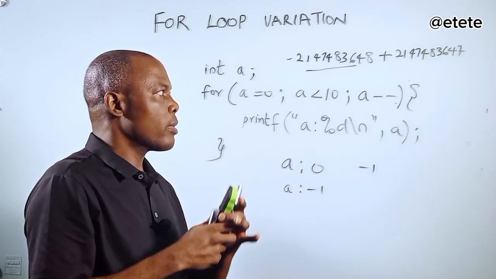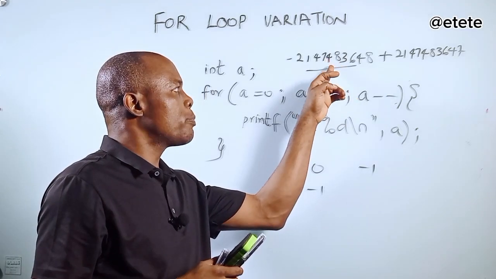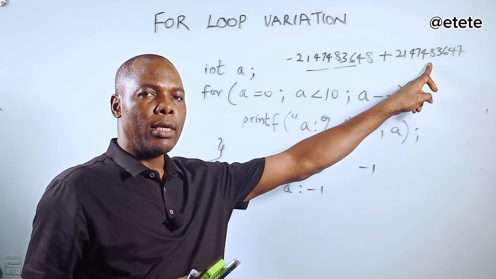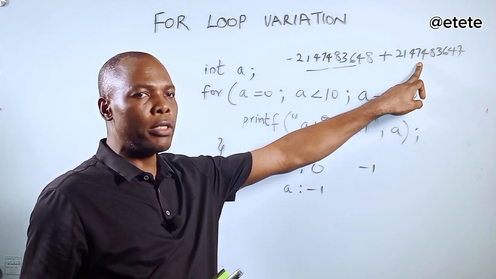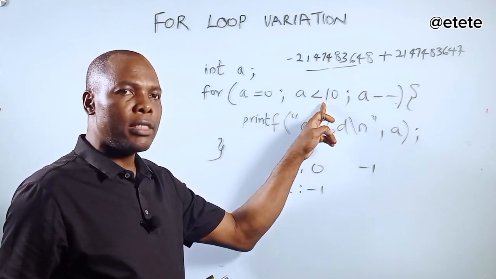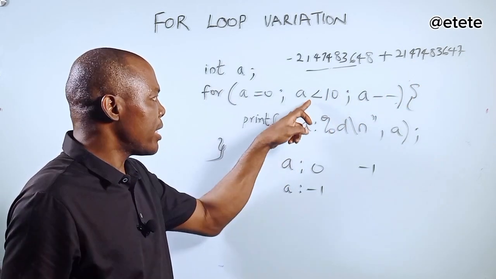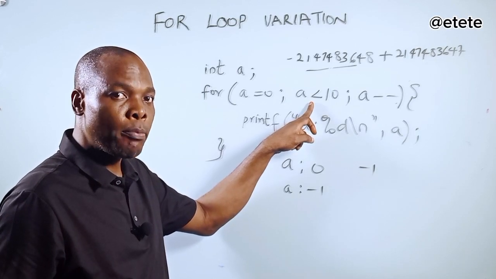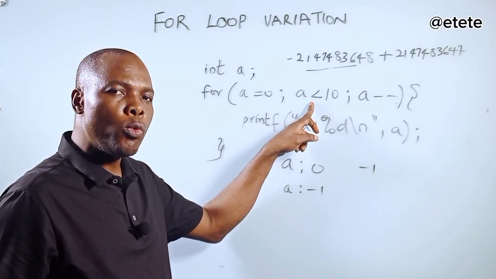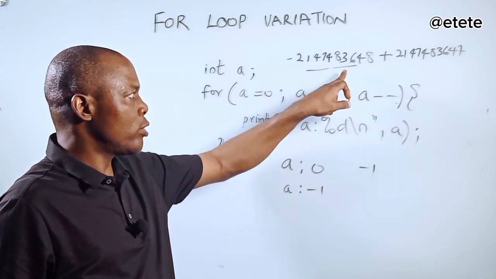It will tip. It will go from this point to this point. Now, as soon as it tips to this point, this is no longer less than 10. It is expected that this loop should end at that point. But how long will you wait for your computer to run for it to get to this?